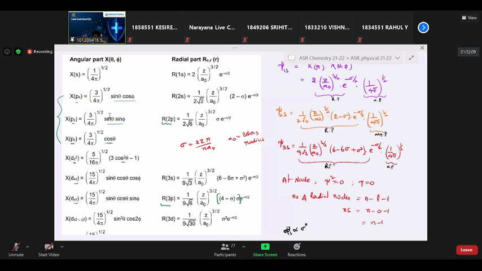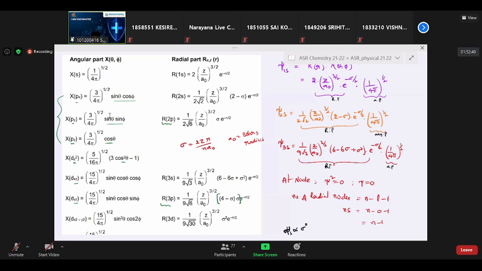If it is angle independent, clearly it is an s orbital. Identify the sigma power, and based on that, identify the orbit number. So ns, clear. From the same picture we can get the n value, and then whether it is theta dependent or not. If it is theta dependent, then cos theta, sin theta sin phi, sin theta cos phi.